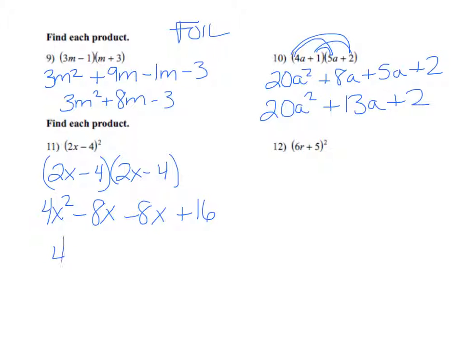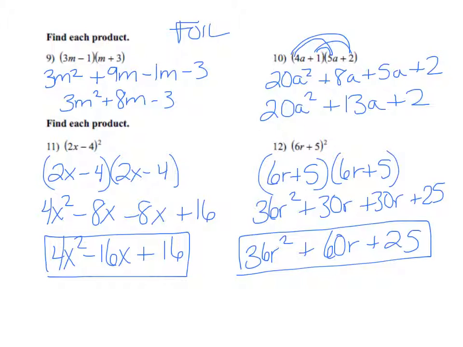Combine the 2 terms in the middle. All right. Now let's look at this other one. I'm going to do the same thing, but I'm just going to show you what the answer is. All right, so I just did the FOIL real fast there just to kind of hurry us along.